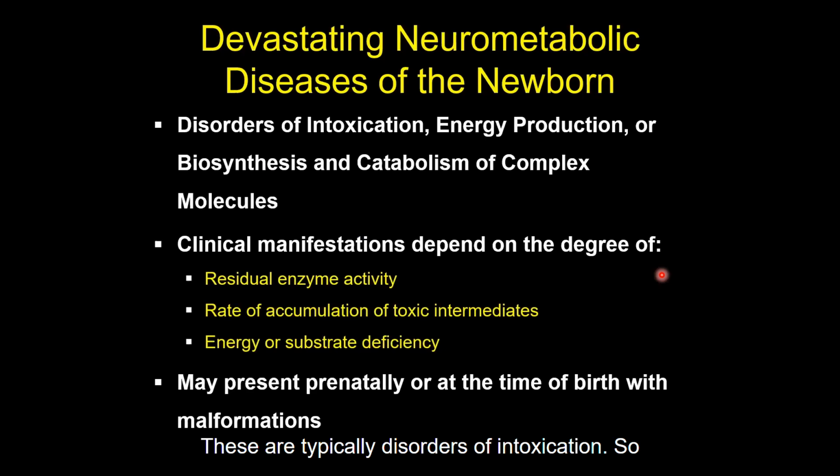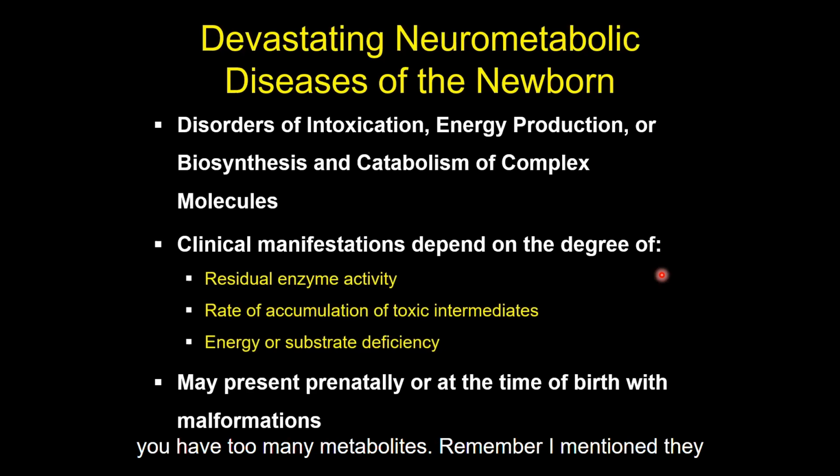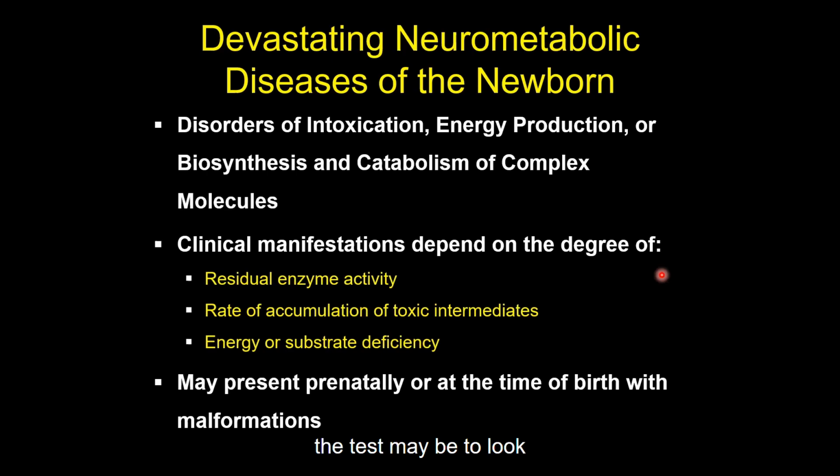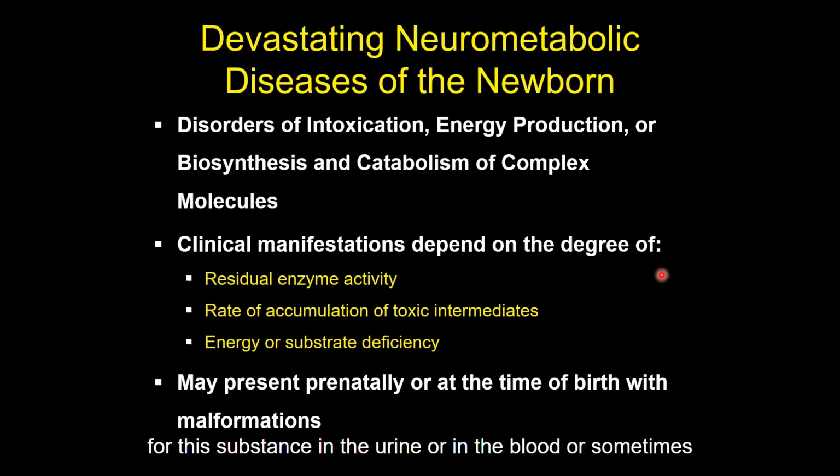These are typically disorders of intoxication, so you have too many metabolites. Remember I mentioned they can be organic or amino acidopathies, disorders of energy production or biosynthesis of complex molecules. So the test may be to look for this substance in the urine or in the blood, or sometimes very long-chain fatty acids in peroxisomal disorders.